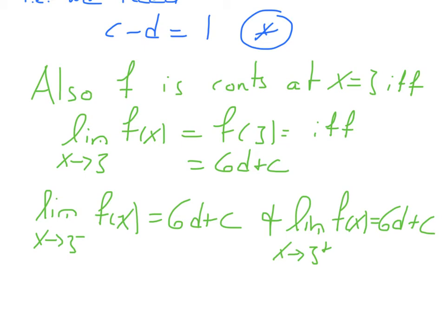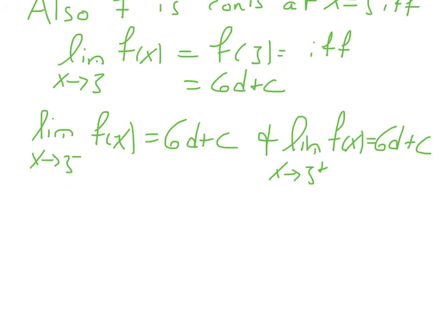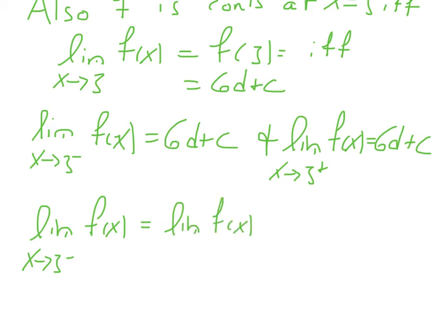So first of all, what about this left hand limit? So the left hand limit at 3 of f of x, that's equal to the limit of f of x as x tends to 3 from the left. Well, when we take this left hand limit at 3, all x's that we care about are going to be less than 3.